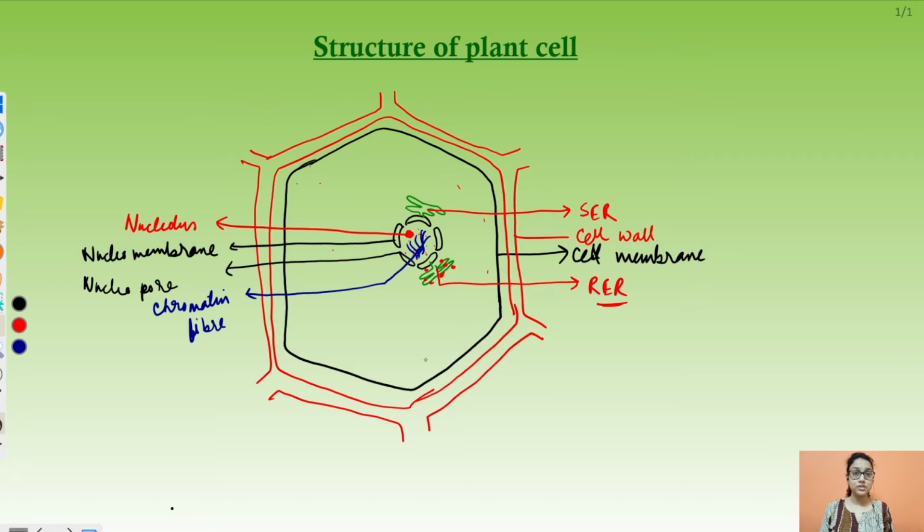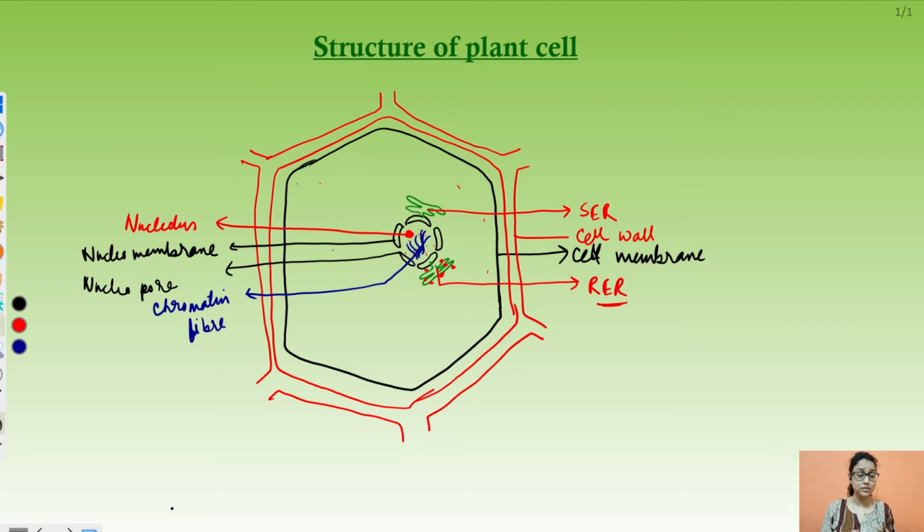In this whole cytoplasm, there will be the presence of certain organelles which will be membrane bound. As we know that plant cells are autotrophic in nature, they can conduct the process of photosynthesis. In plant cells, we can also find plastids. These plastids can be of three types: chloroplast, chromoplast, and leucoplast.